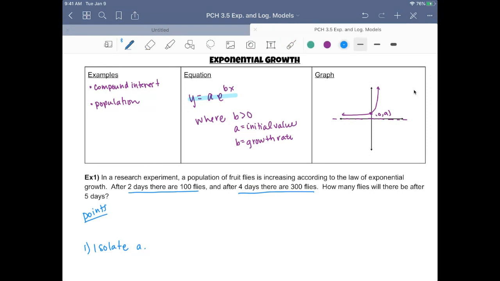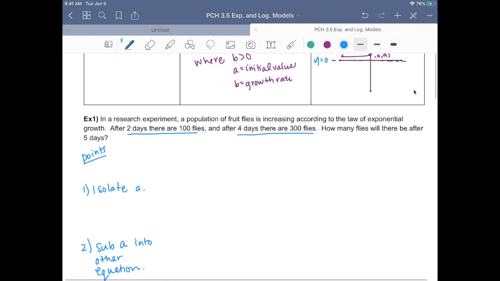And then the graph looks like something like this. We have y is equal to 0 as our horizontal asymptote, and our y-intercept is (0, a). All right, and it's increasing.